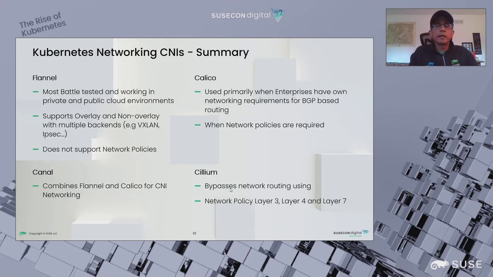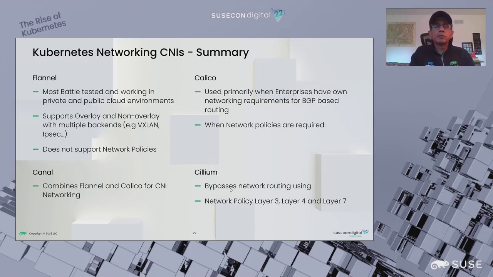Calico picks up from that with network policy management, and also with the ability of being able to do the routing directly, publishing routes onto the BGP based routing network. And so that might be an important decision and requirement when deploying in enterprises.